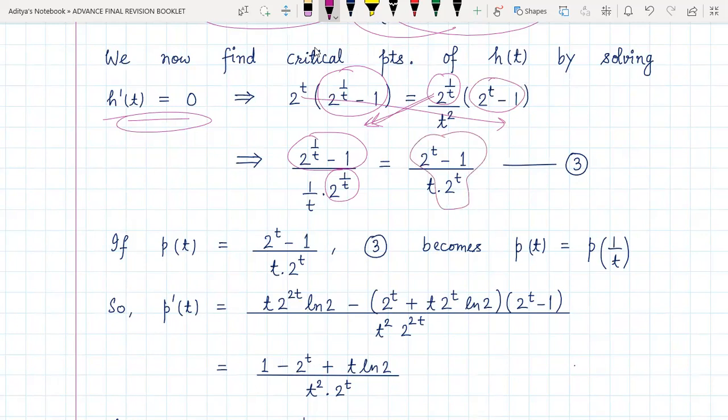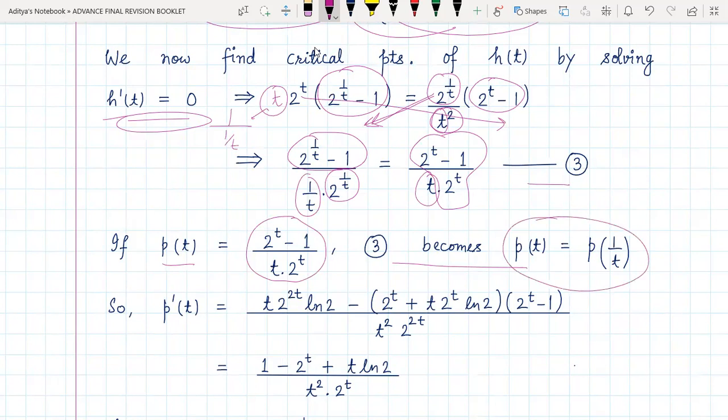Now with this t square, I am letting one t remain here, which is precisely present here also in equation number 3. But the other t I am cross multiplying, and I am writing that as 1 upon 1 by t, because it can obviously be written as 1 upon 1 by t. Now if we define p of t to be the function 2 power t minus 1 upon t into 2 power t, equation 3 obviously becomes p of 1 by t equal to p of t.